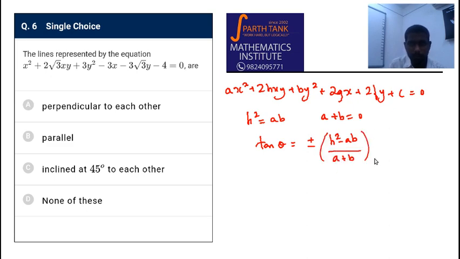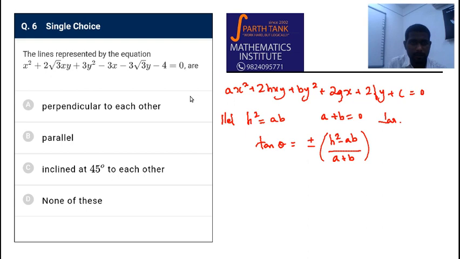Some texts give mod of this value, right? So both these conditions are contained here. When they are parallel, this angle is 0 and therefore h square should be ab. When it is perpendicular, this is going to be infinite, which means the denominator is 0 and a plus b should be 0. Okay. So this is the condition for parallel and this is the condition for perpendicular.